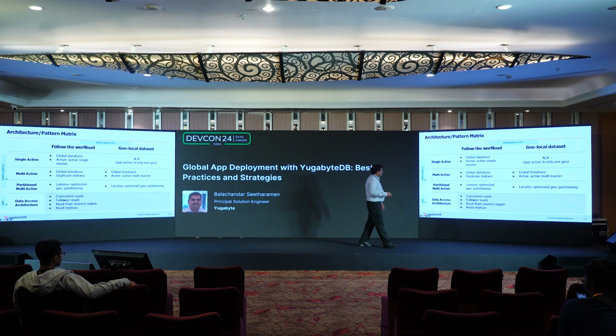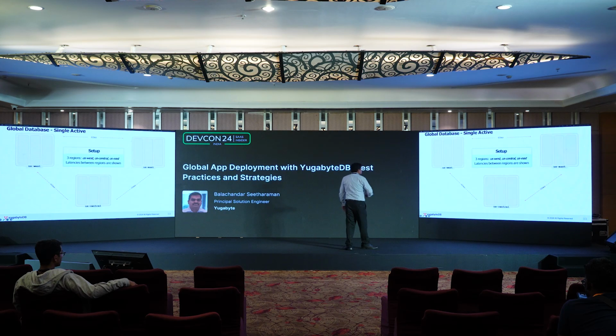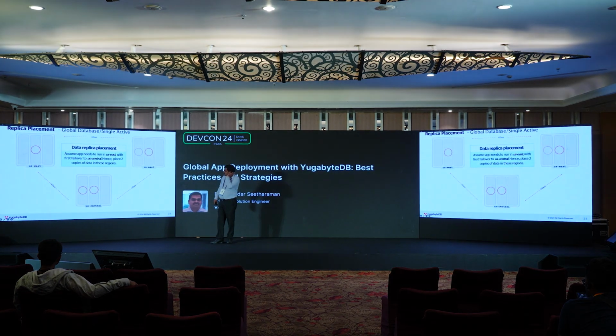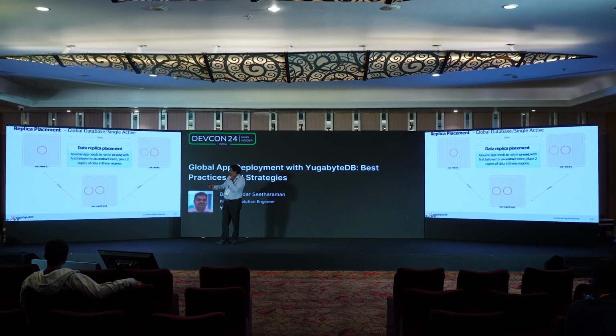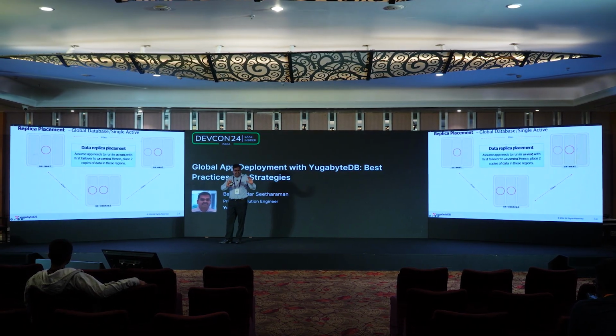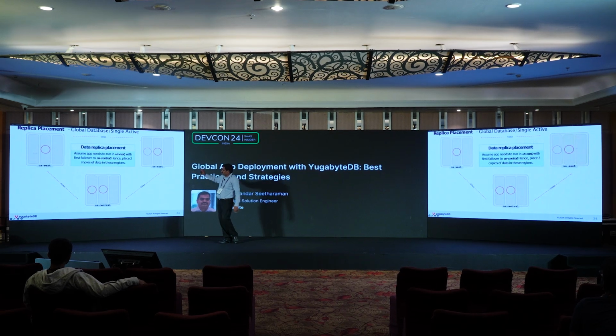Let's go and see the diagram here, single active and multi-active. In this case, this is single active. Three regions are there, US West, US Central and US East, and the latencies between the regions are already shown. You have a global database, you created a customer table, and it is replicated across all these regions.